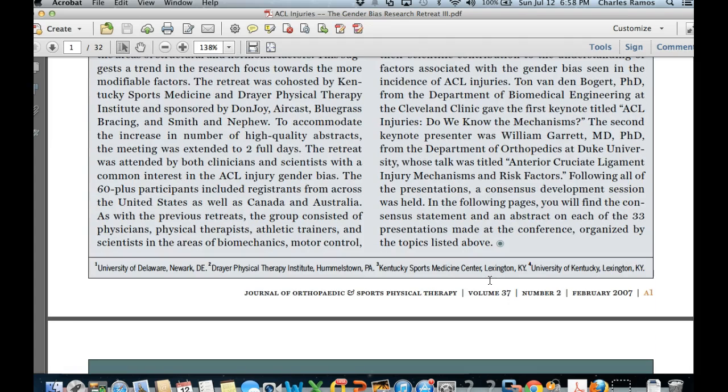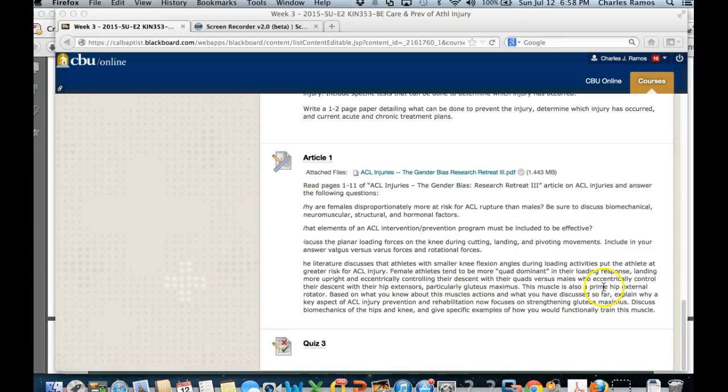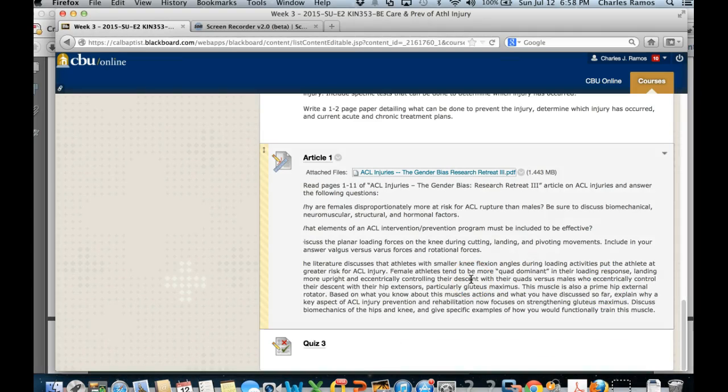And there's going to be one, two, three, four different questions that have different parts to them. And then at the end here, there's a little comment.